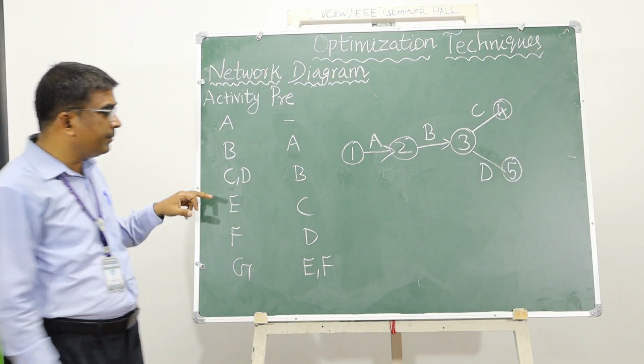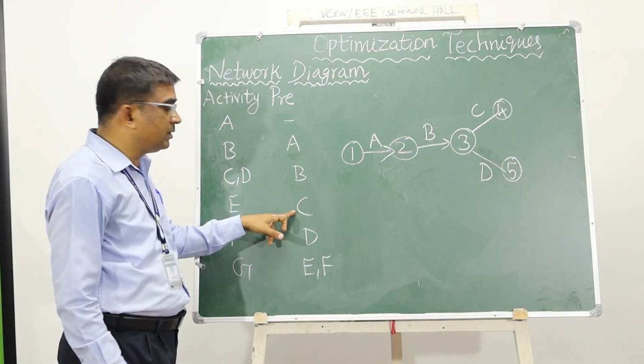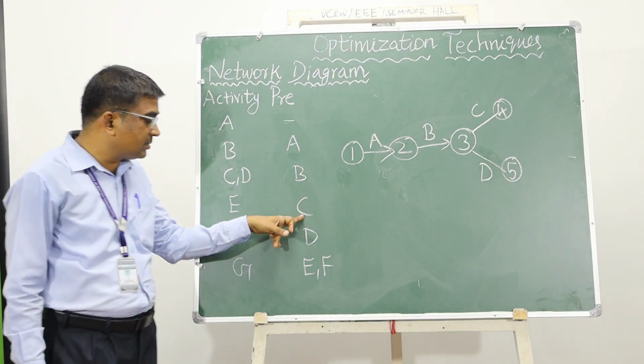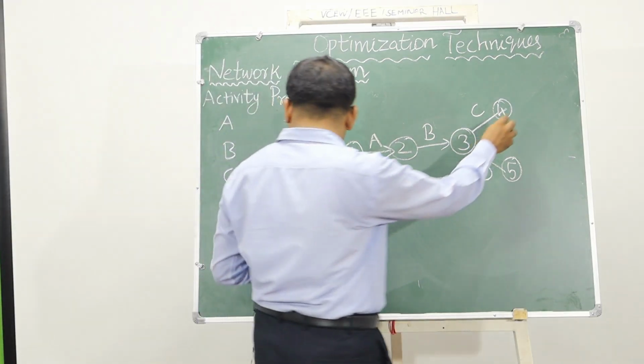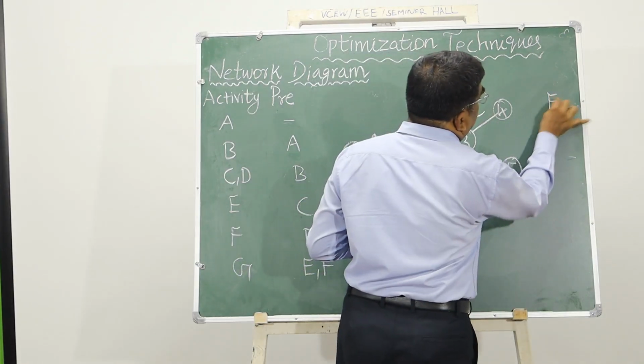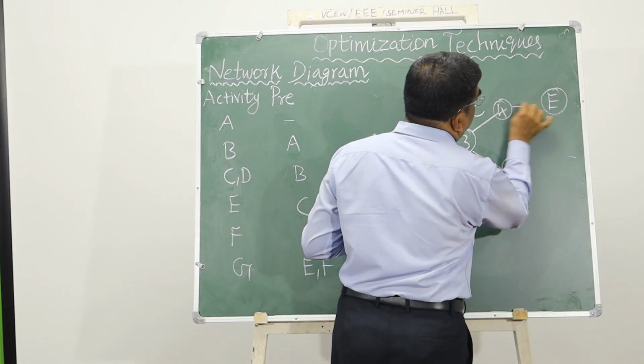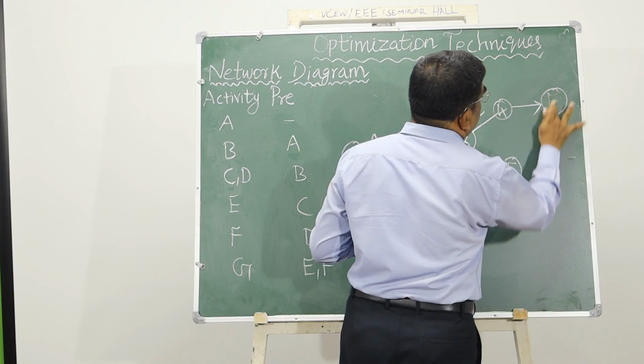Next we have a node with C. C is a predecessor of activity E, so here I can mention the activity E and mark the state.